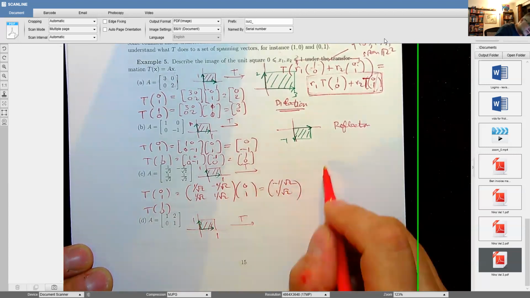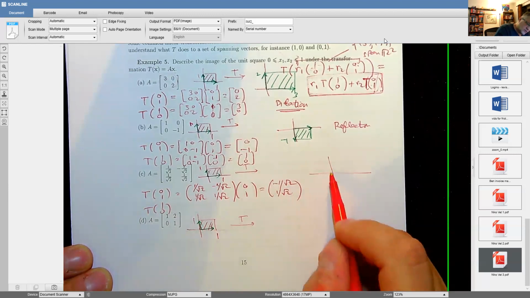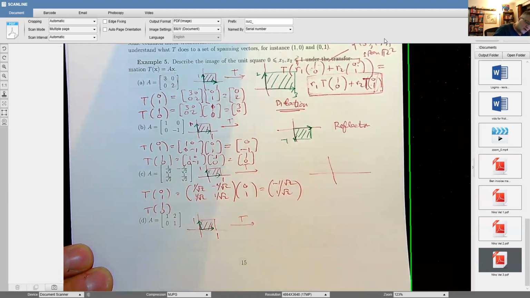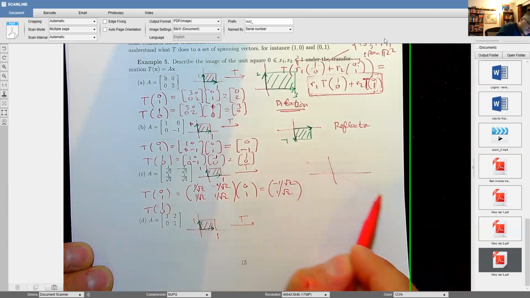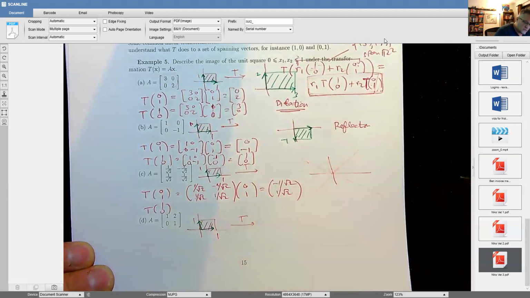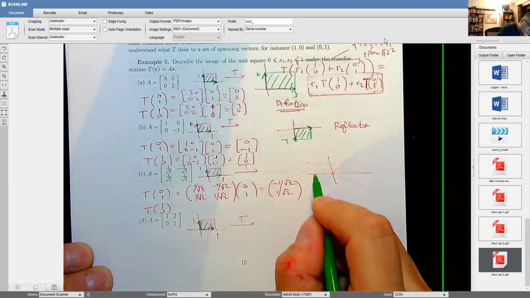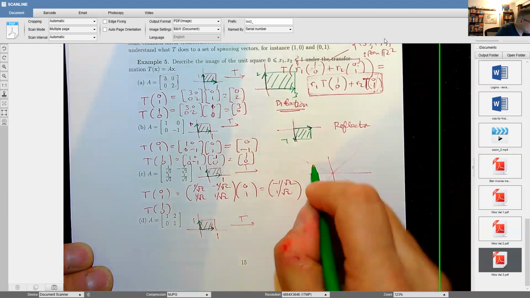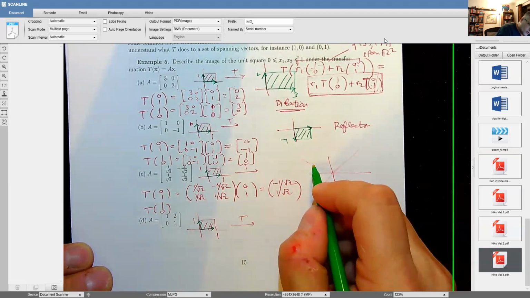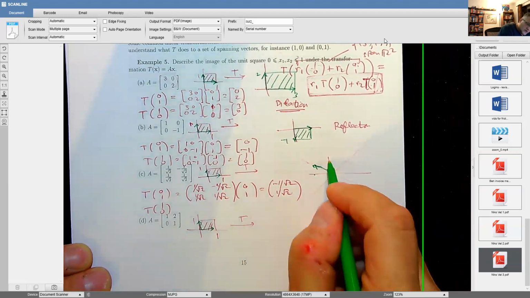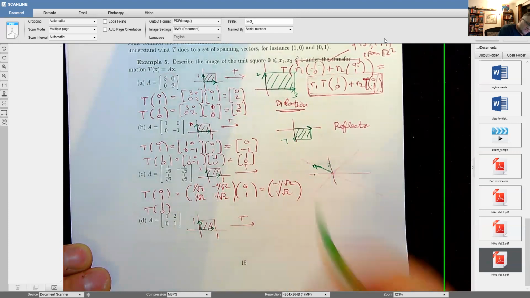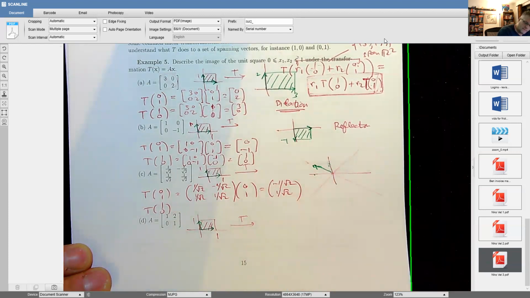Right, so in terms of the unit square, T of (0, 1) was here. Right now, it's going to be on the negative 45 degree line. So let me just draw this in. Right, so you're back here at (-1/√2, 1/√2), right? So we're at this point. So it rolled. It was here, (0, 1), and it rolled that way, okay?